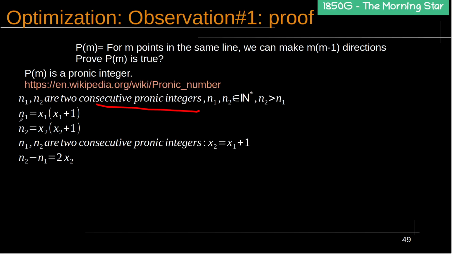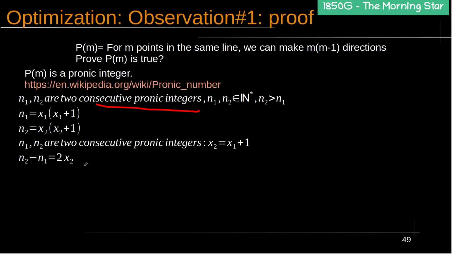So n1 can be written by this formula, x1 times x1 plus 1, because n1 is Pronic, and n2 is directly consecutive to n1. We can write it as x2 times x2 plus 1. Because n1 and n2 are two consecutive Pronic integers, x2 is equal to x1 plus 1. So if we subtract n2 minus n1, we find it is equal to 2x2.